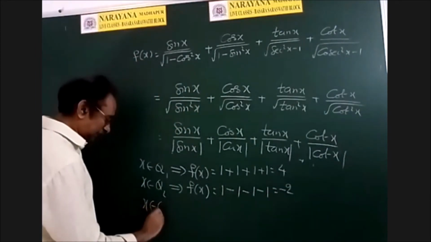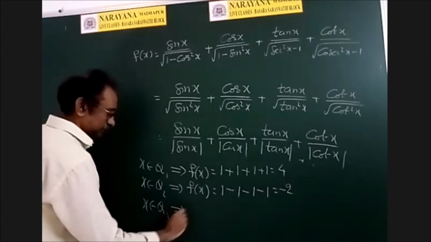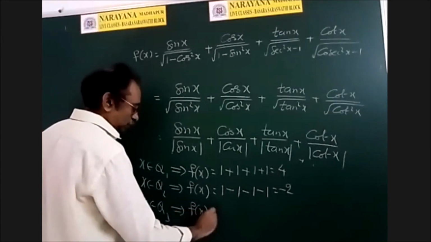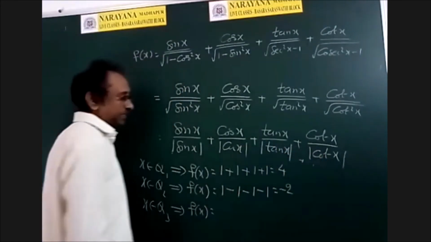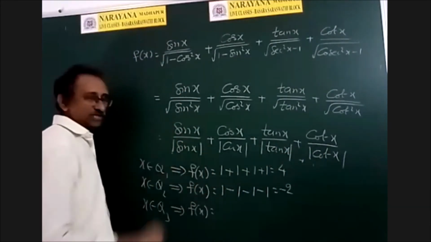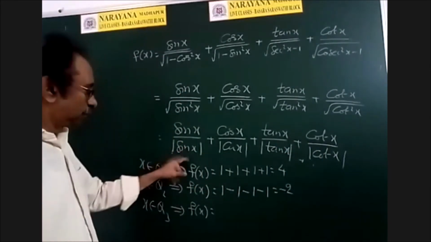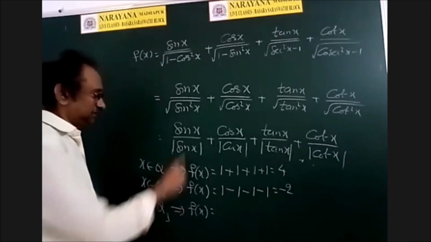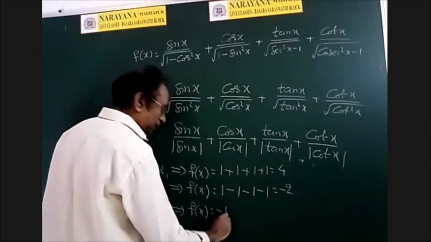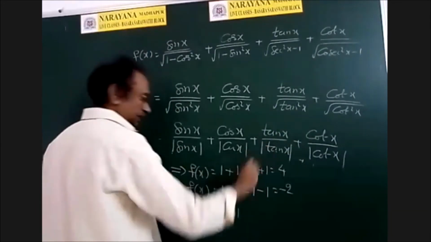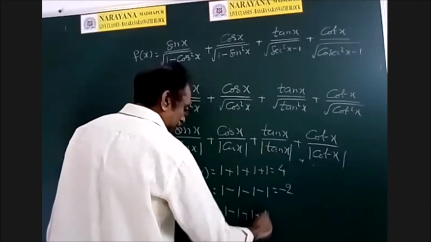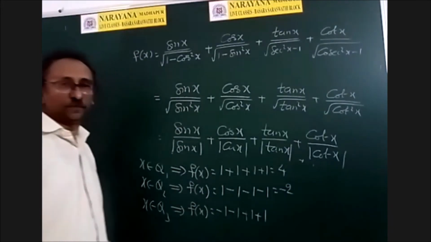Suppose x is in the third quadrant, then what is f of x? Only tan x and cot x are positive, whereas sin x and cos x are negative. Therefore, mod sin x is minus sin x. So this becomes minus 1, this becomes minus 1, and this becomes plus 1, and that last one also becomes plus 1.